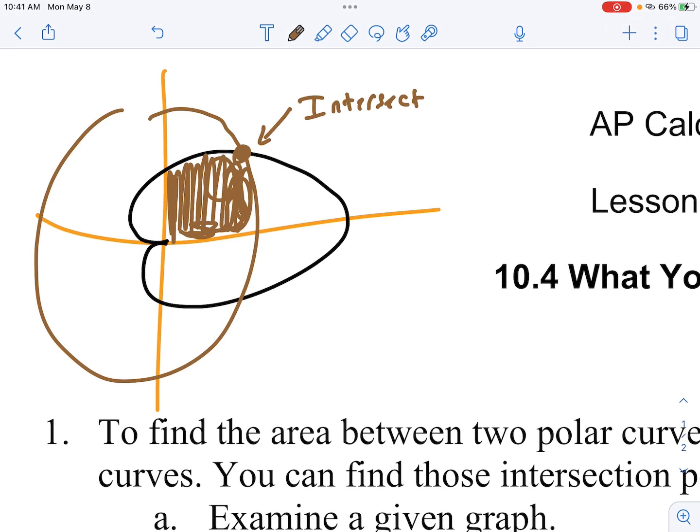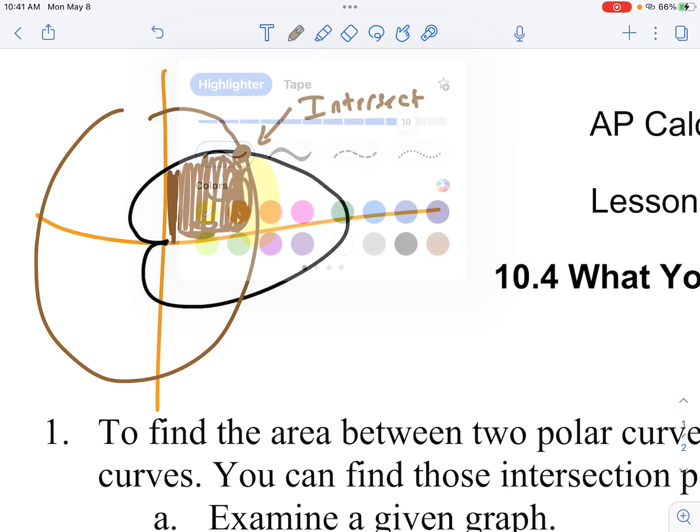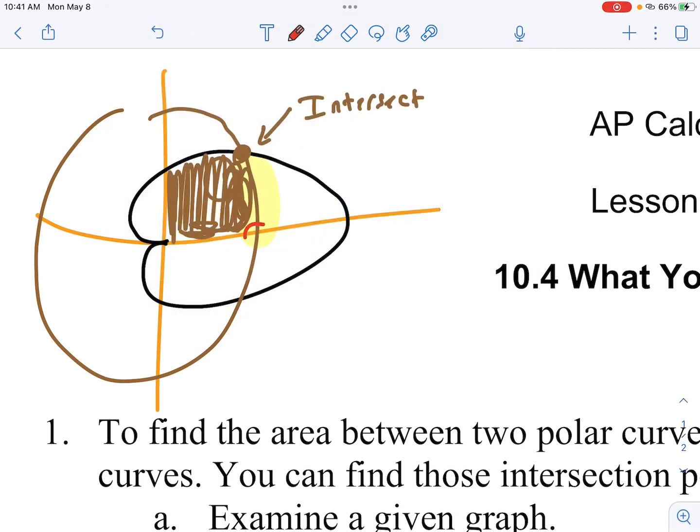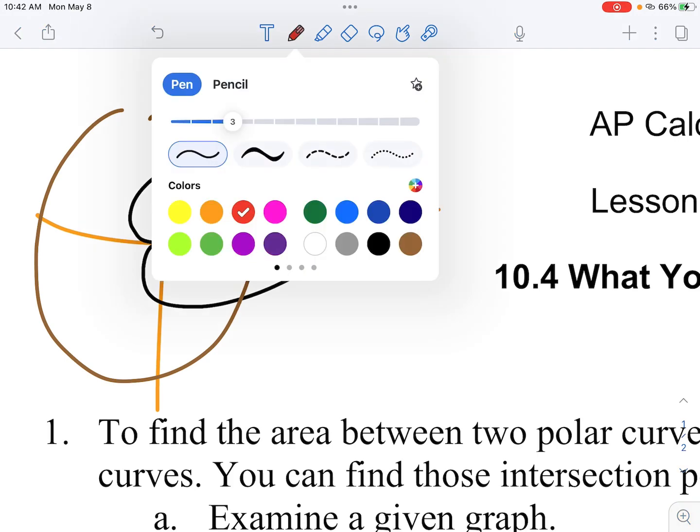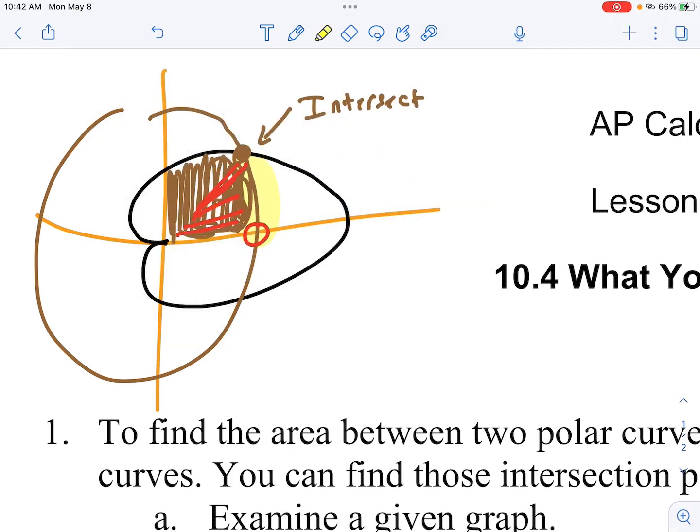Well, then what you have to do is say, okay, on that brown graph, what are my bounds from the beginning there at the bottom to that intersection? That's going to be the first area that we're going to find. And then on the black line, we're going to have to find the bounds from that intersection over to the stopping point there, which might be pi halves or it might be something else.